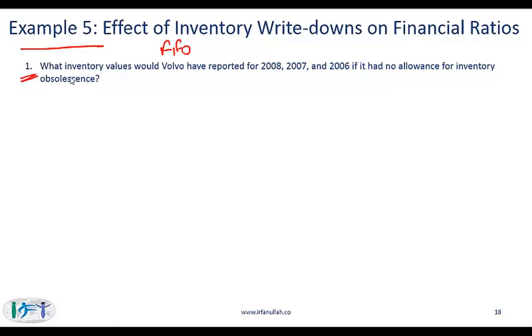The principle here is that if you have a company that reports numbers like this, so it reports net inventory equal to, say, 3,000. Net inventory means that this is the number reported after deducting the valuation allowance. And then you are told that there is a valuation allowance equal to, say, 500.